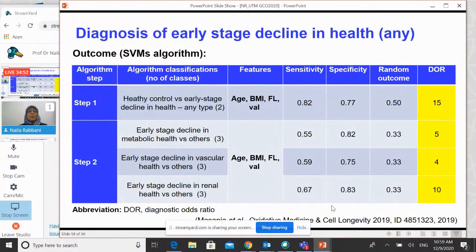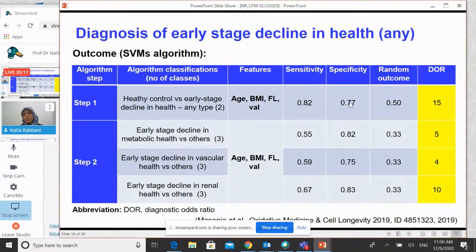Again, using the support vector machine algorithm, for step 1, healthy control versus all impaired, we got age, BMI, fructosylcysteine lysine, and valine.